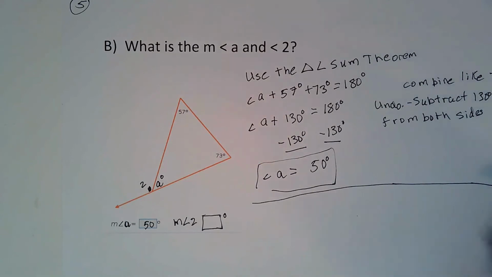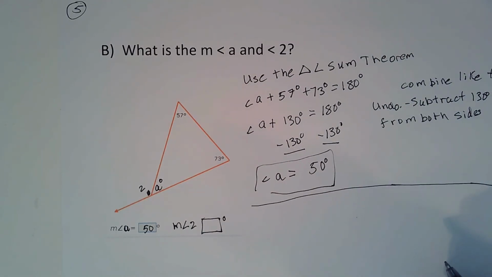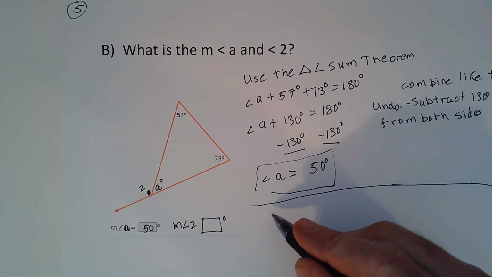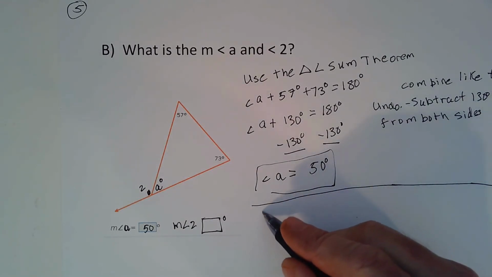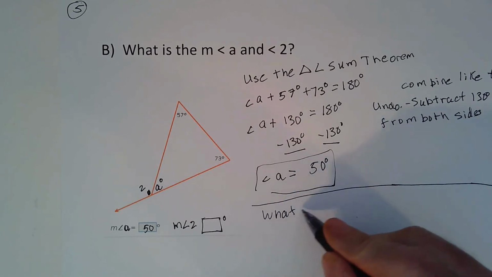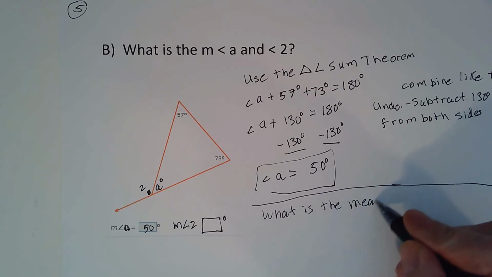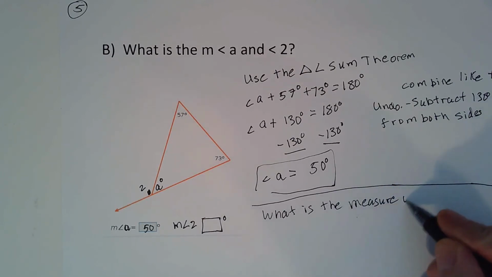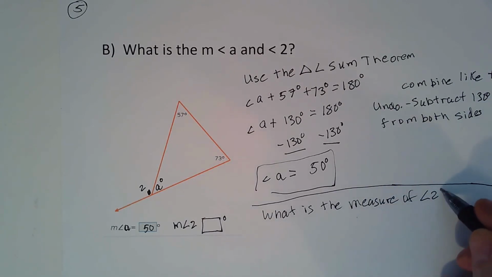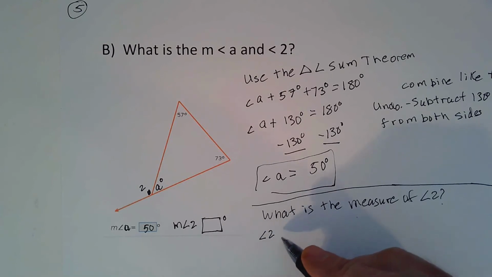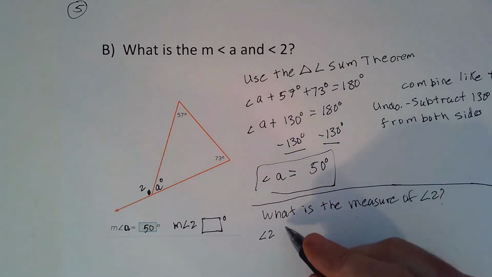So now we're going to do the measure of angle 2. So what is the measure of angle 2? Okay, so angle 2 is an exterior angle.